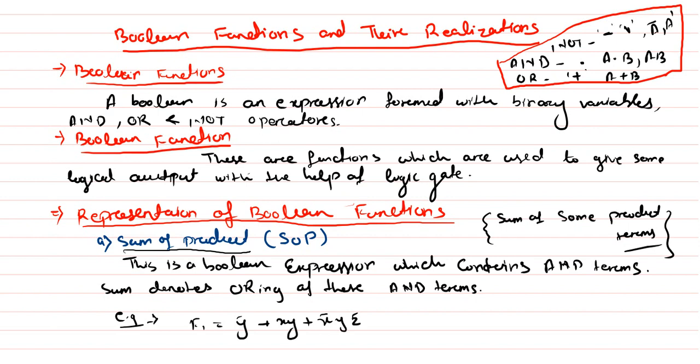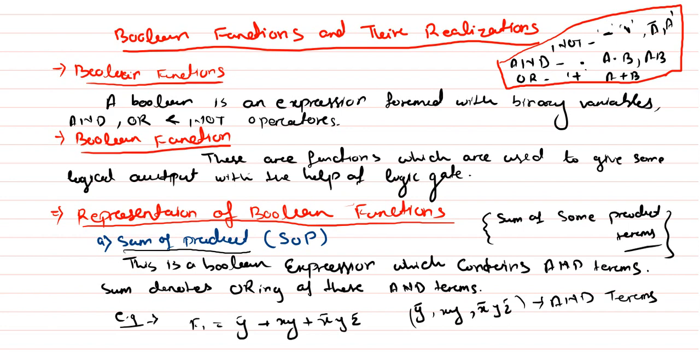So these are three different terms, y bar, xy, and x bar y z bar. I can say these are your AND terms, and these are combined with the OR operator.